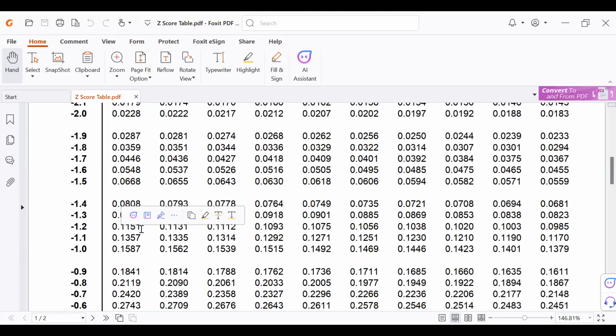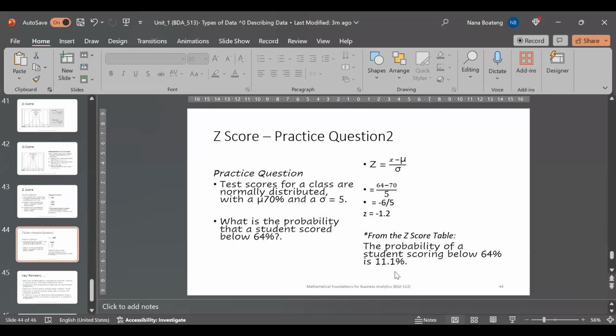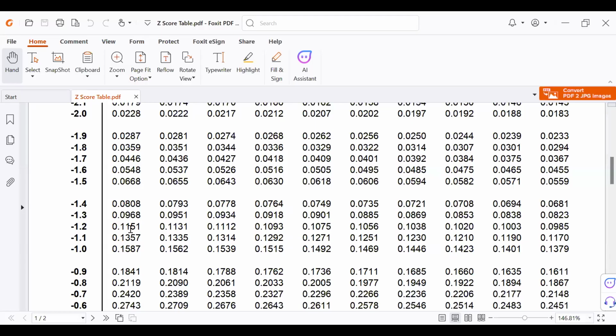So the probability of scoring below 64% is 11.5%. Okay. Any question on this one? Yes, it's 11.5.